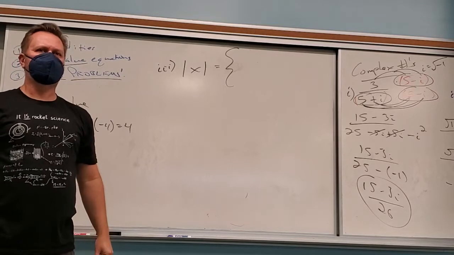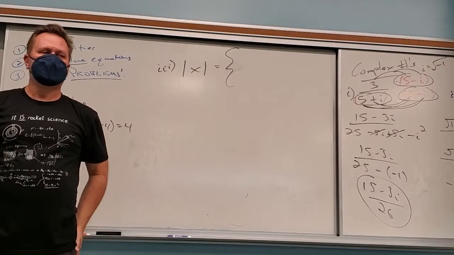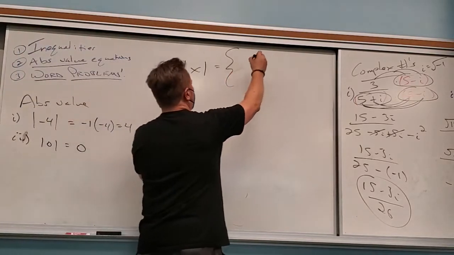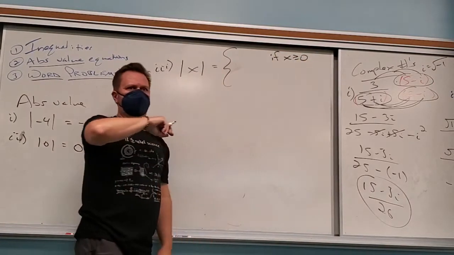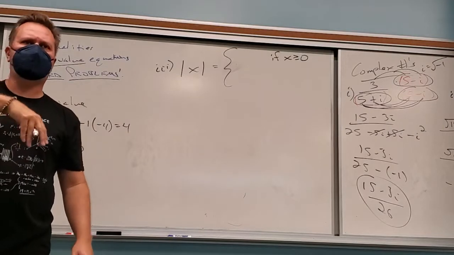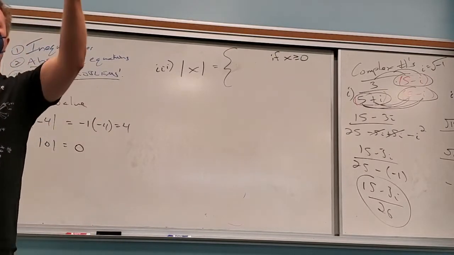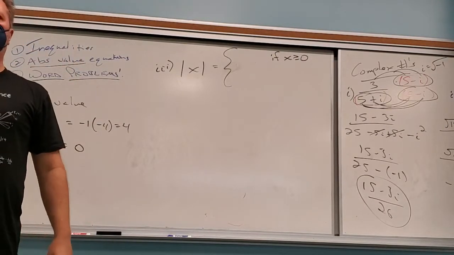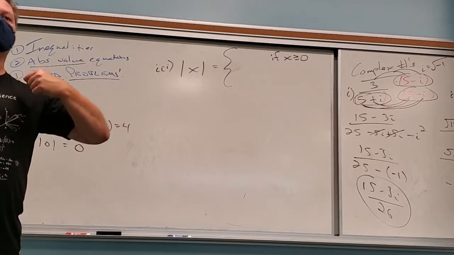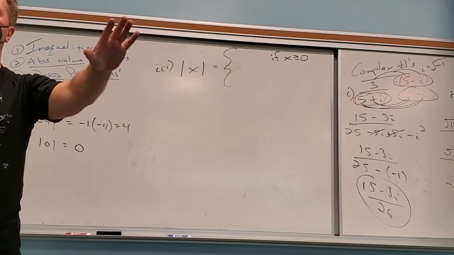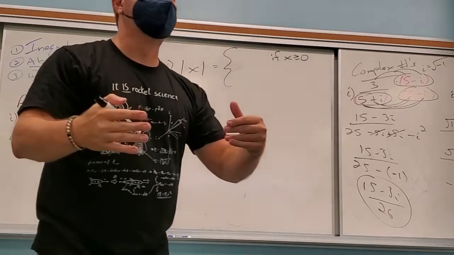So what we need to do then is we need to have one of these funky piecewise functions. So the absolute value of x, if the input is at least 0, 0, 1, 2, 3, or 1.7389, does the absolute value do anything? Absolute value of 7 is? 7.